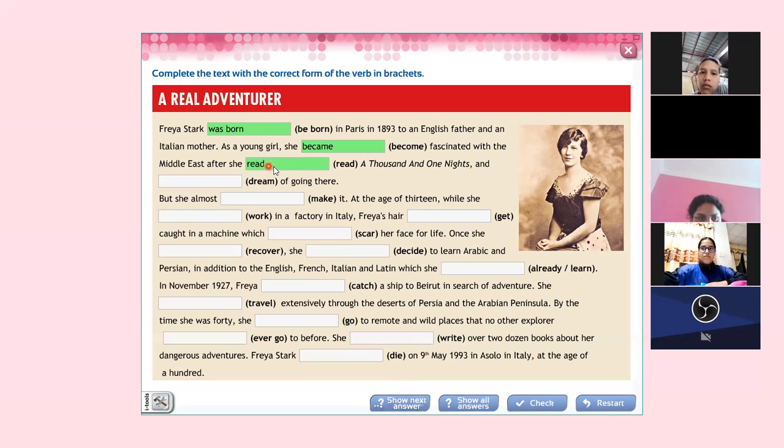Remember that is the simple past, read. After she read 1001 Nights and dreamed of going there. Remember that for dreamed, we have two forms, with ed or t. Both are accepted.